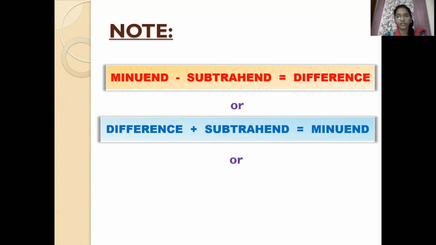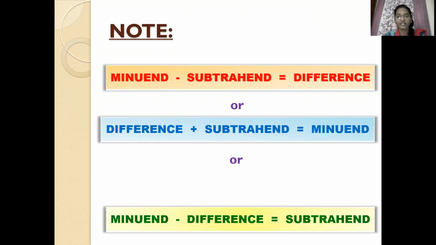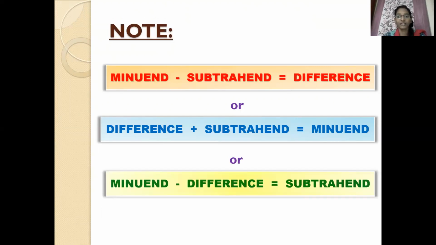Similarly, you might be having a question, how to find the subtrahend, teacher? Difference is given, minuend is given. How to find the subtrahend? In that case, you have the formula minuend minus difference, which will give you subtrahend. All these formulas are important.